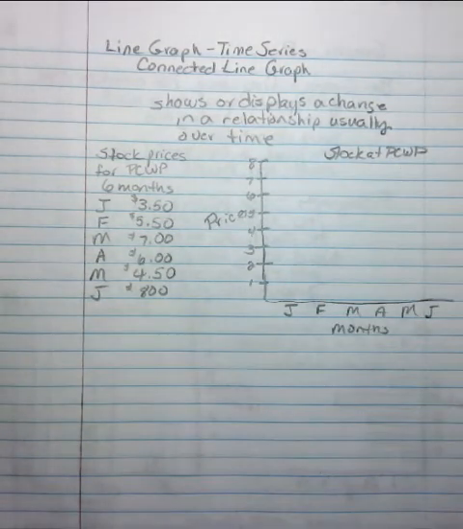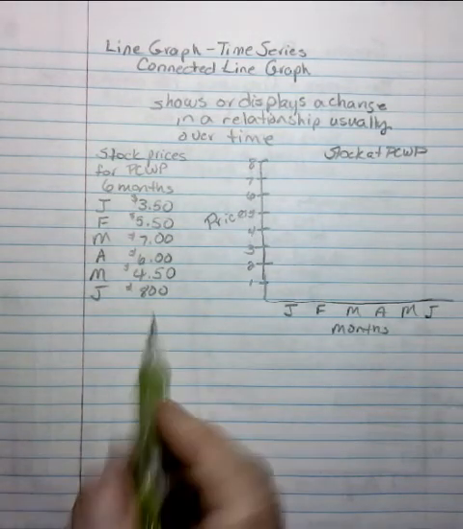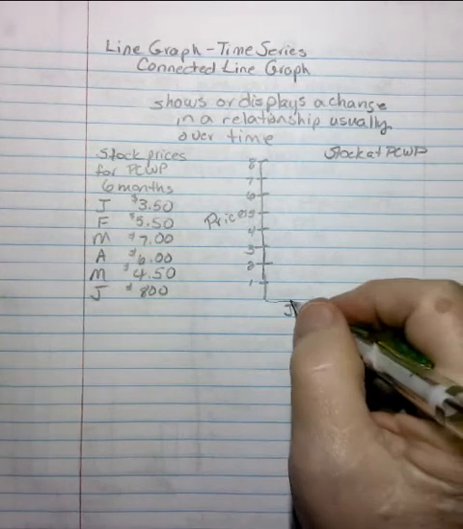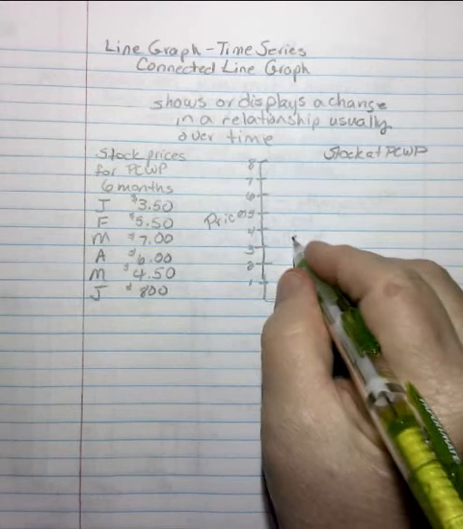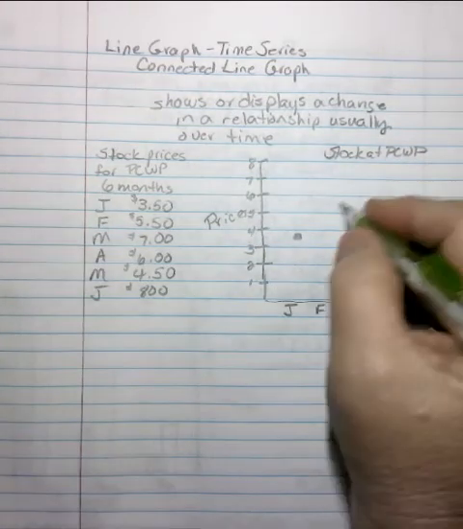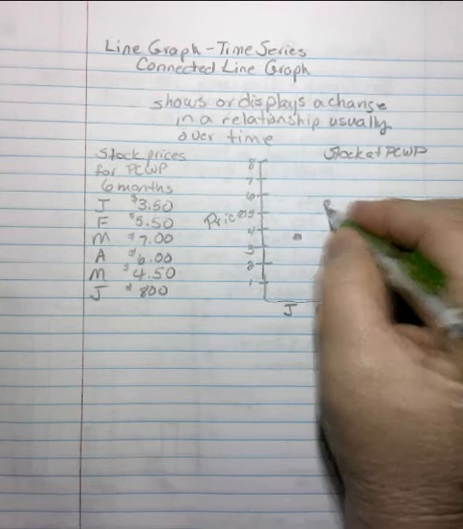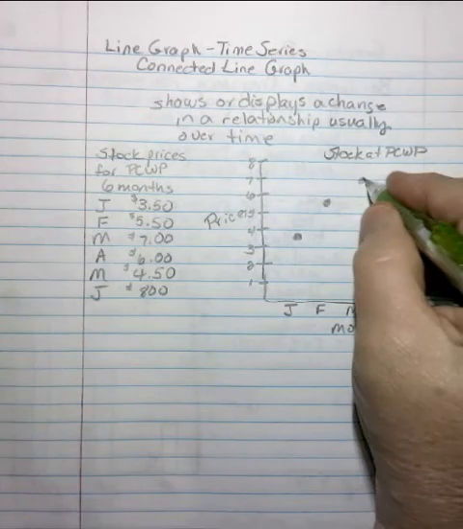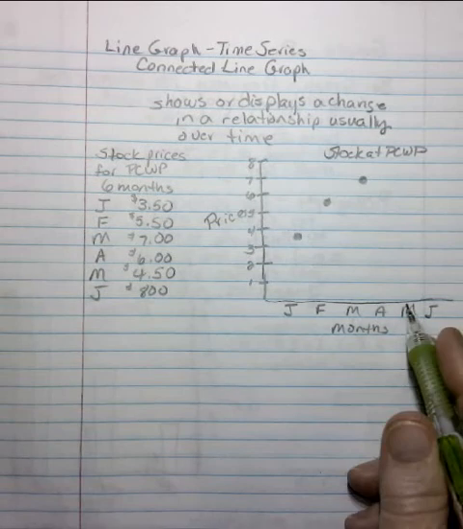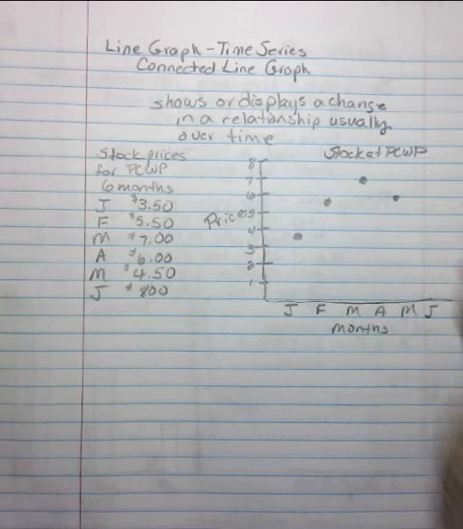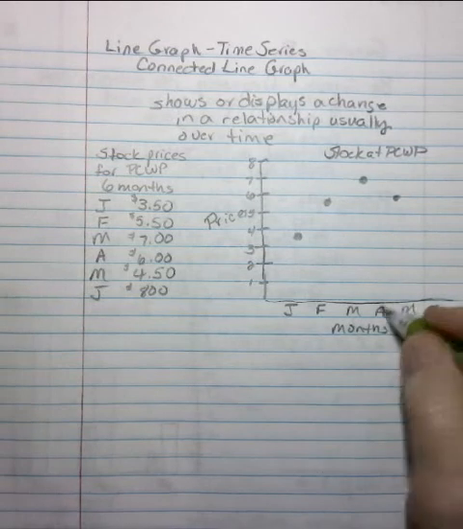And so we're going to start by creating dots at our locations. In January, we were at $3.50. In February at $5.50. In March at $7. In April at $6. In May at $4.50.